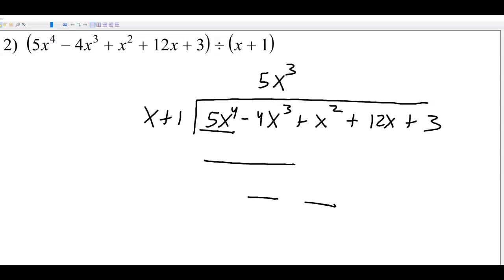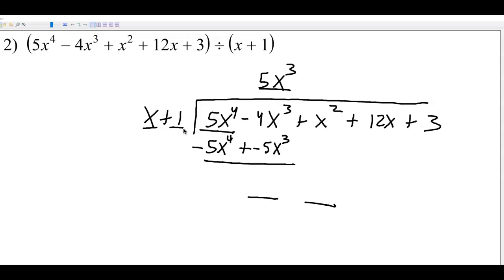Niana, what goes here? It's going to be cubed. So there it is. You get that by multiplying these times these two.